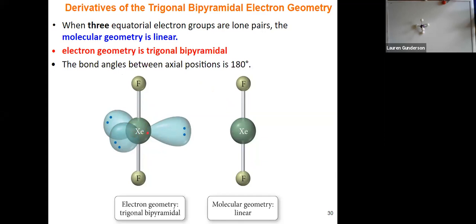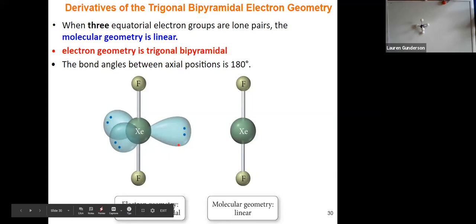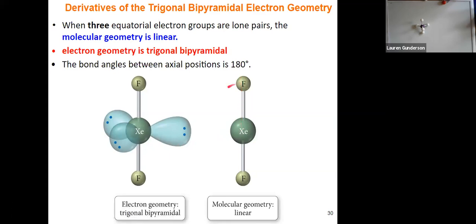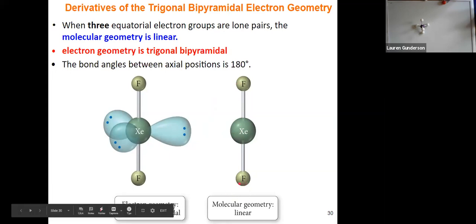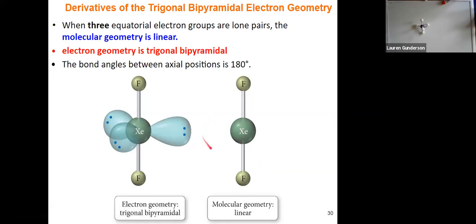They get to space out perfectly, and they also exhibit equal amounts of repulsion onto our remaining terminal atoms in the axial position. What this ends up doing is giving us a perfect 180-degree bond angle between our terminal atoms. It makes this a linear molecular geometry. So that's when we have two bonding pairs left, but three non-bonding pairs, and those would all be around the equatorial position of our central atom.